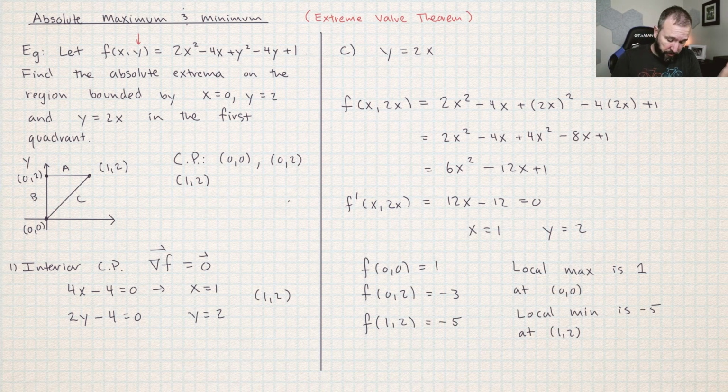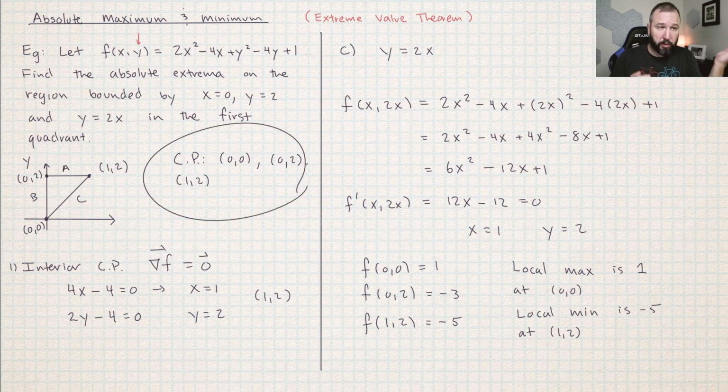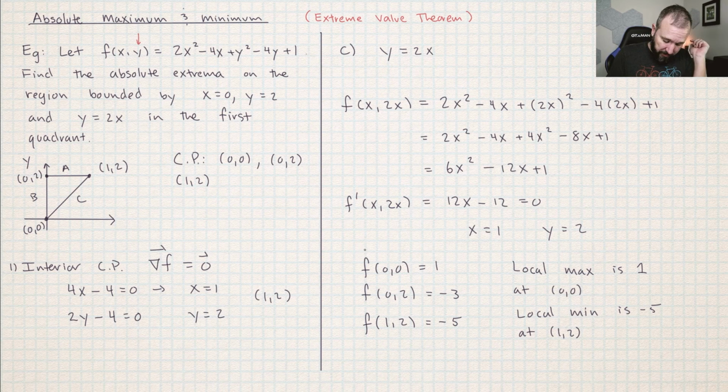Now all you do is you just take all the critical points that you have found from those previous spots, and you literally just plug them in, and then you just pick the biggest and the smallest. So the biggest point happens here at 0, 0. So the maximum is 1. And the smallest point happens here when x, y is 1, 2. So the minimum is -5.